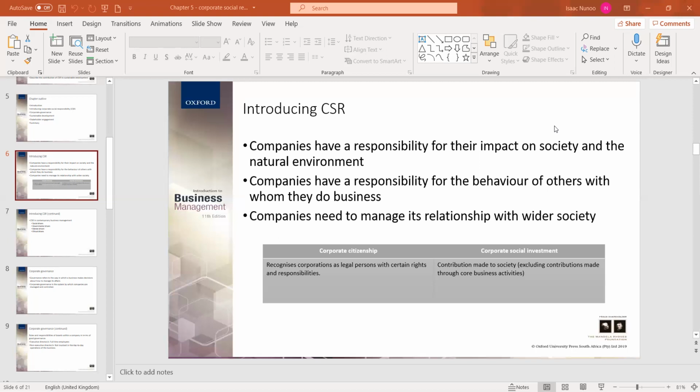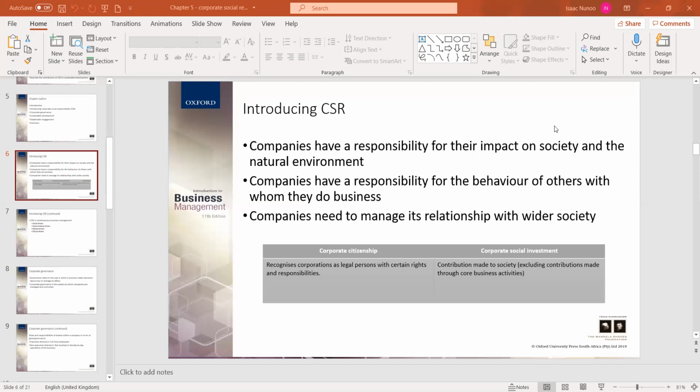In the paper, corporate responsibility is defined as the responsibility of a company for the impact of its decisions and activities on society and the environment through transparent and ethical behavior. It did not just limit itself to social responsibility. It contributes to societal development, including health and the welfare of society.